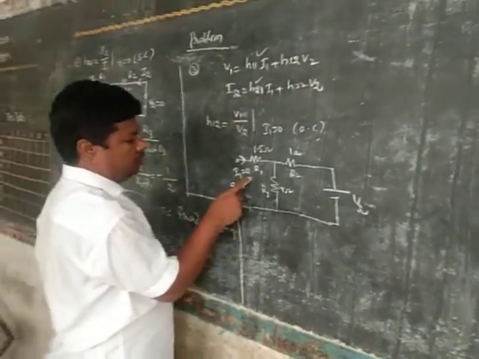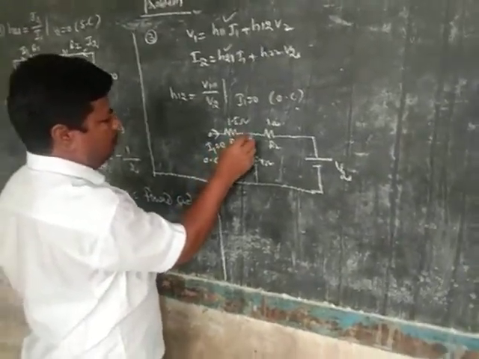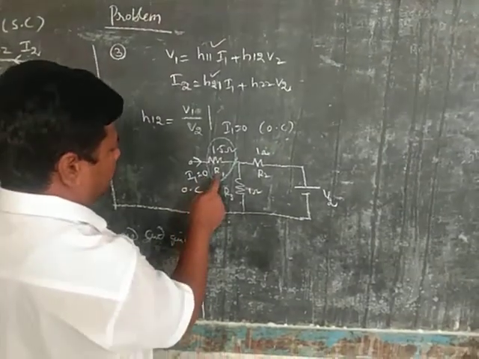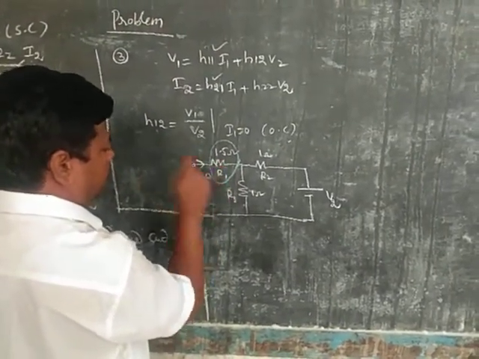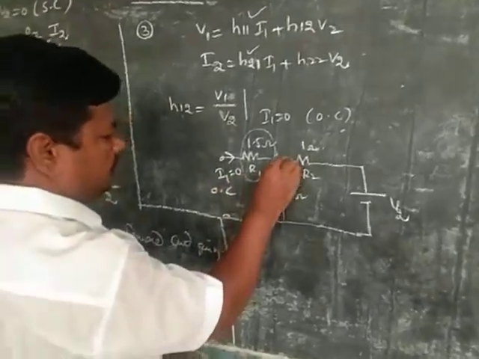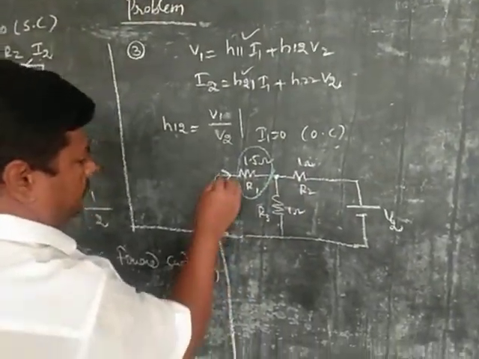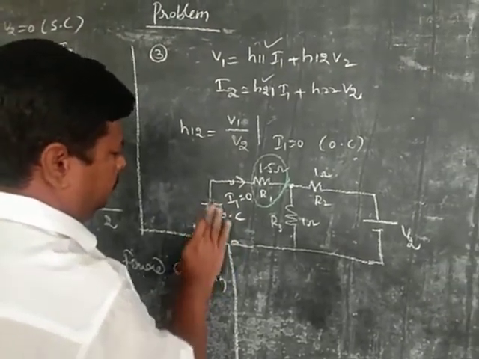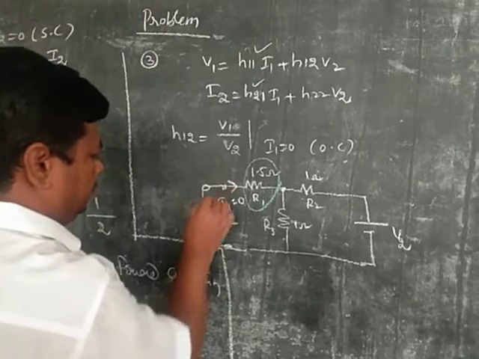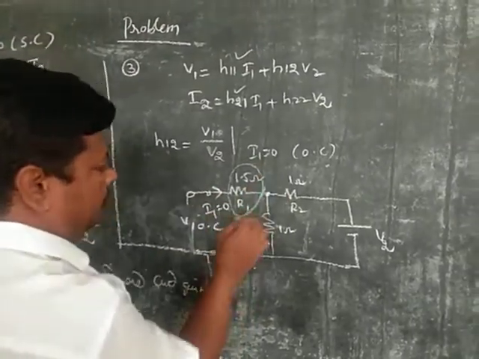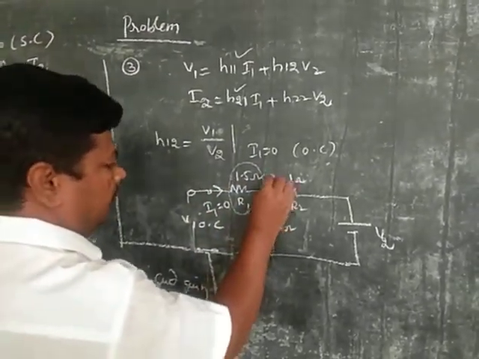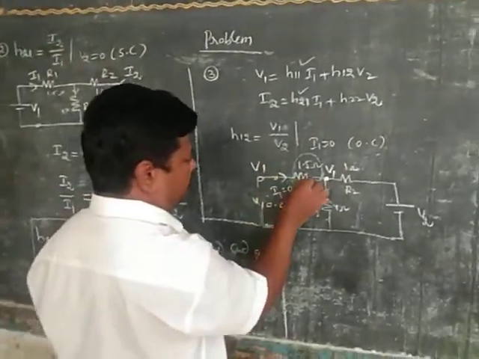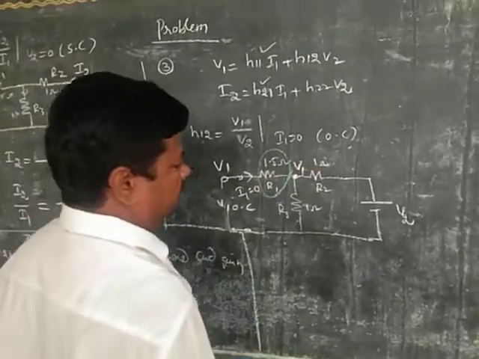When I1 is equal to 0, there is no drop across R1 resistor. So the voltage here is V1, open circuit. There is no drop across resistor R1, this is also V1.